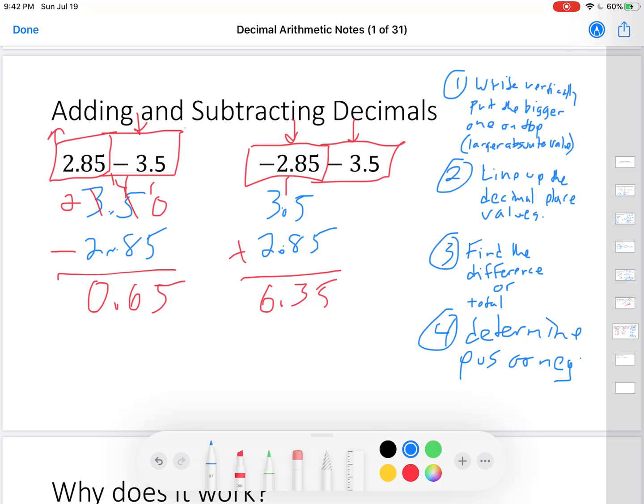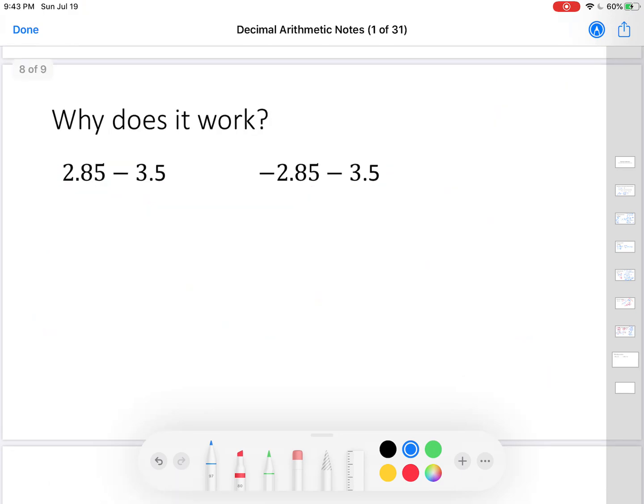There are more downs than there are ups, so therefore this should be negative 65 hundredths or negative 0.65. In this case, this is down, and down some more makes a whole lot of down. They are both negative, so when you put them together, they go very far down. That is negative 6.85. And that is how you add and subtract decimals.